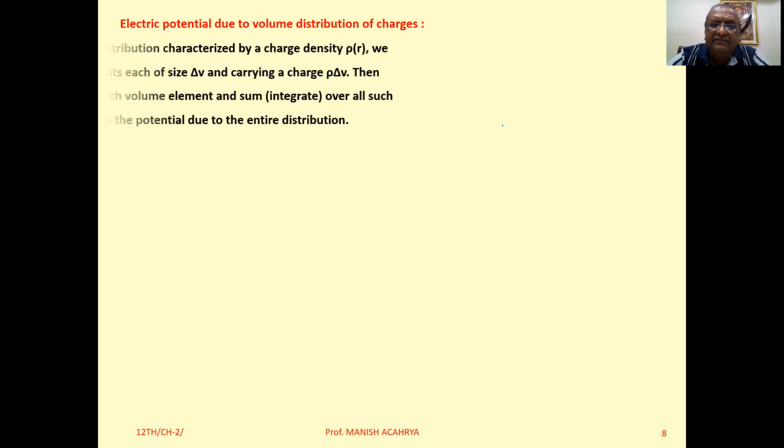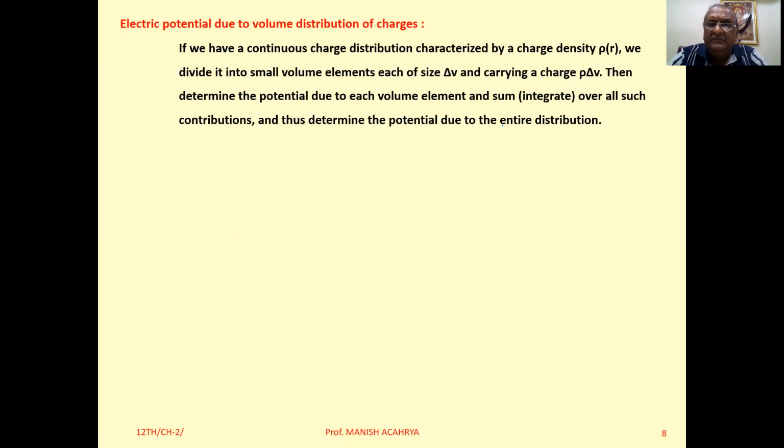Now see here. Suppose we have a volume charge distribution and we want to find the electric potential at any point due to that particular volume charge distribution. Now, the concept is a simple one, which we discussed in chapter number 1.